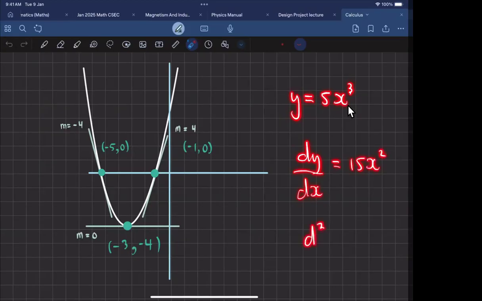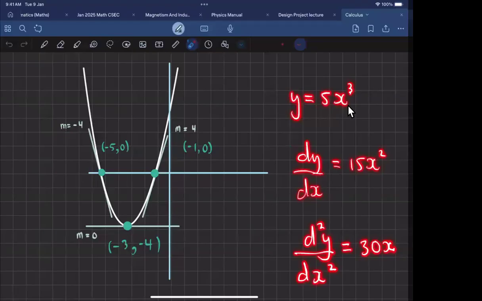If you differentiate that another time, you write d2y/dx squared, and that equals 30x. Oh, so I was supposed to differentiate twice. Yes, you're supposed to differentiate twice for part 2: find the second derivative of y, and hence determine the nature of each stationary point.